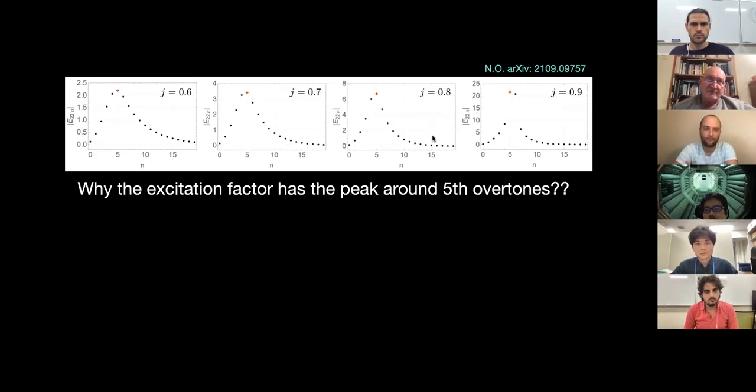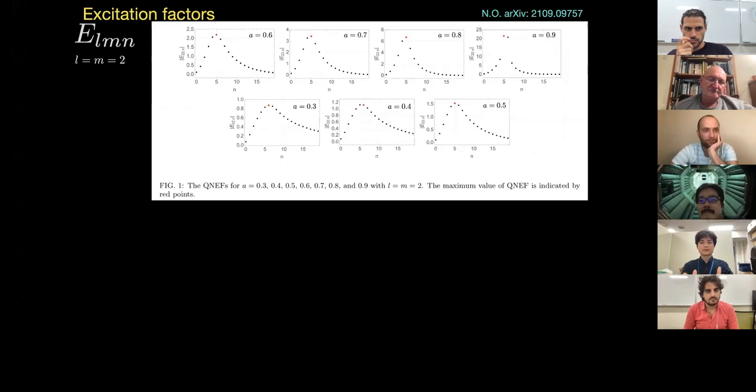But why is the fifth overtone so important? I don't know, but now I found a very interesting coincidence between the peak of the excitation factors and the quasi-normal curves. So let's compare between them.